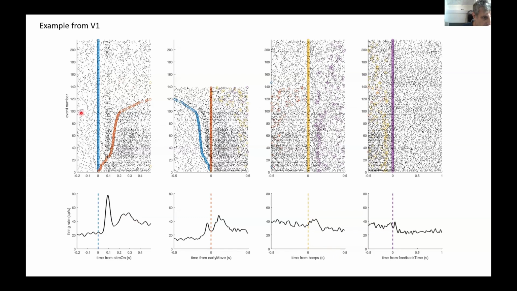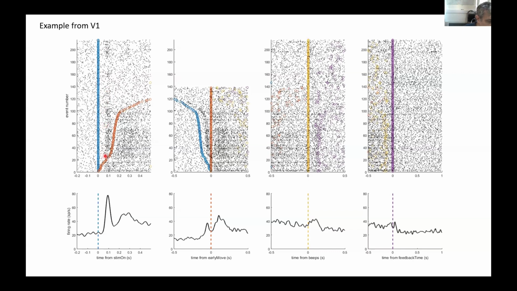All right, so let's go back to this one that's aligned to the stimulus onset and sorted by the time of the movement. And if you look at this, you can see that here we've got a band of ticks. Every tick corresponds to a spike of this one example neuron at this time relative to the stimulus on this trial. There's all of these ticks here.